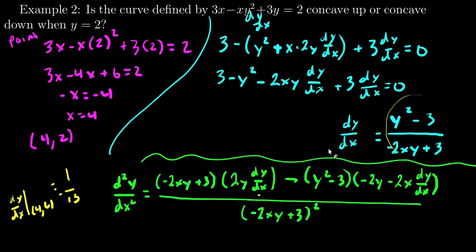Put them all in here. So negative 2 times 2 is negative 4. Negative 2 times 4 is negative 8. Times negative 1 over 13 is plus 8 over 13. So negative 4 plus 8 over 13.